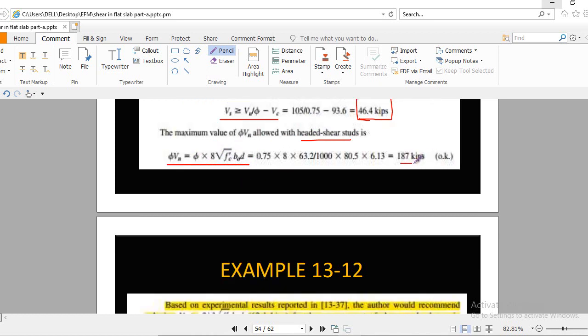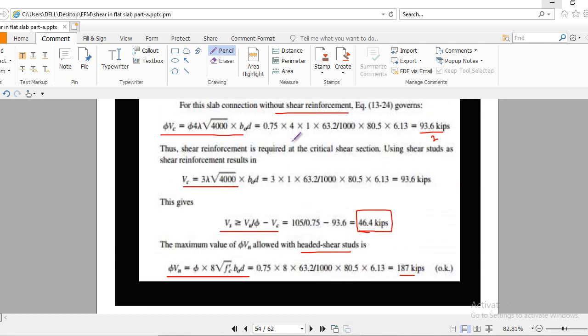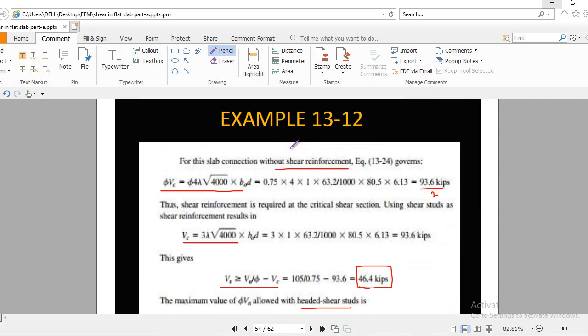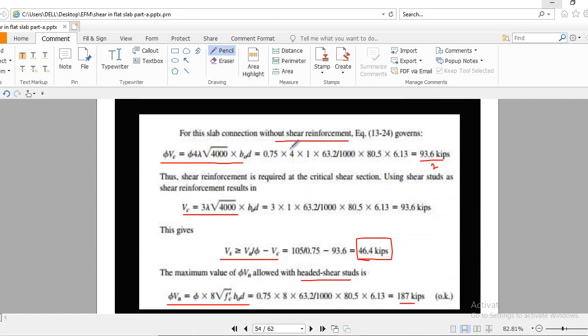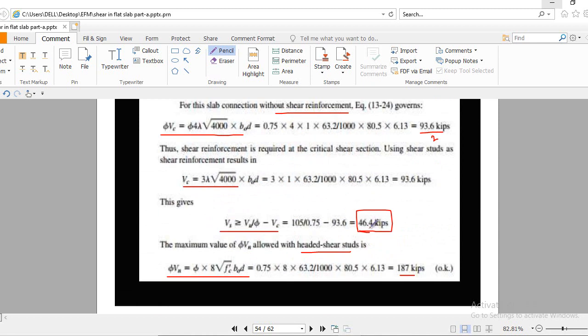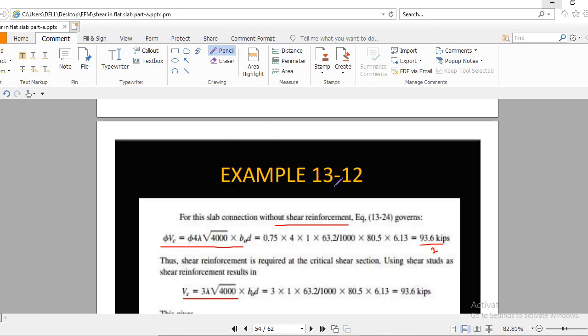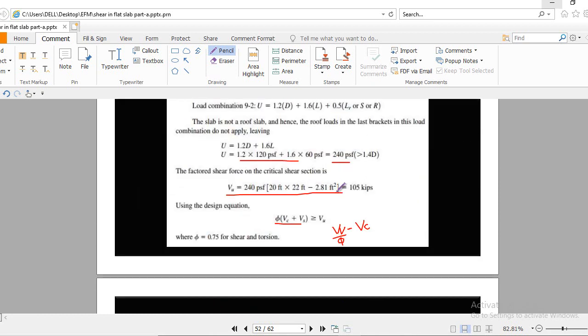So this is 187, and remember this phi Vn, our calculated Vn value, which I think we have not calculated yet. Phi Vc, yes, 46.4. We don't calculate it, because phi Vn should be compared with Vu. So where is Vu? This one, this is 105.